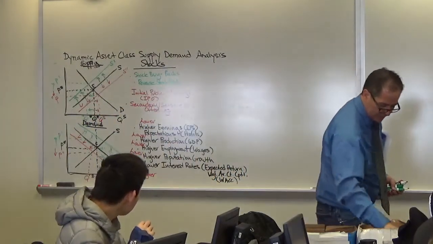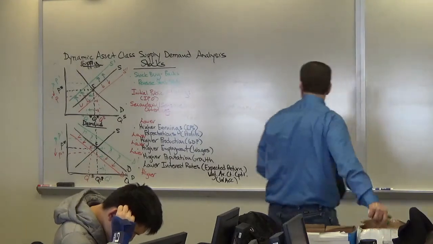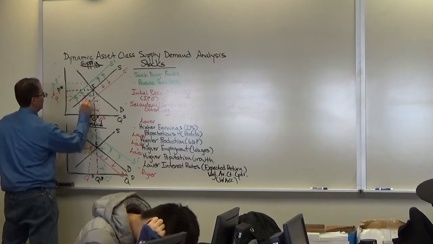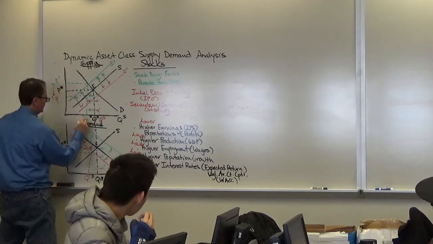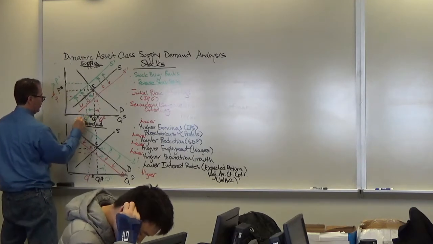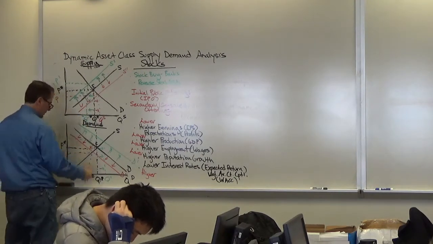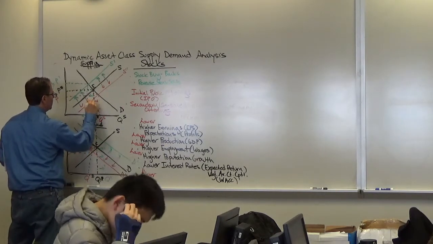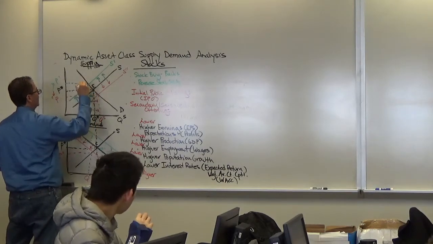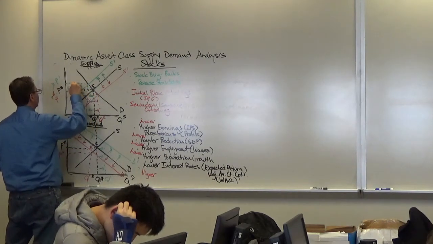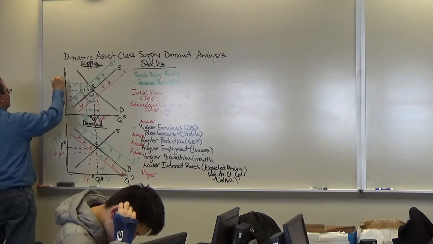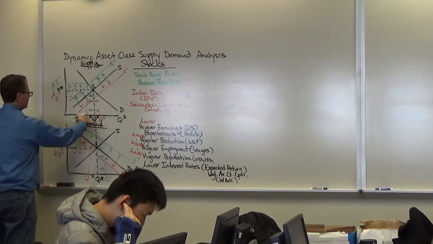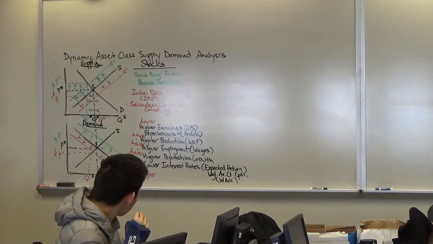And what's going to happen is the supply, here, you're going to get Q1, S, and the supply curve is going to shift back. And prices are going to shift up. And you're going to end at P1 up. The supply shifts back and causes the price to rise.